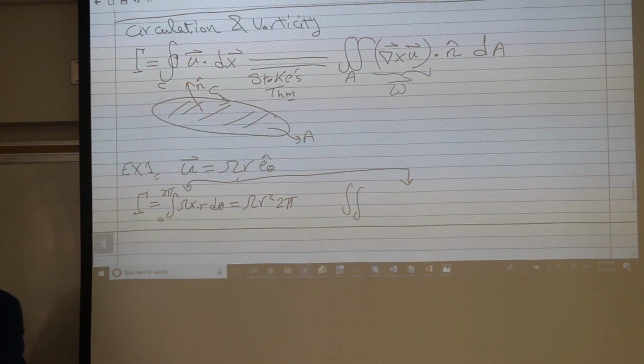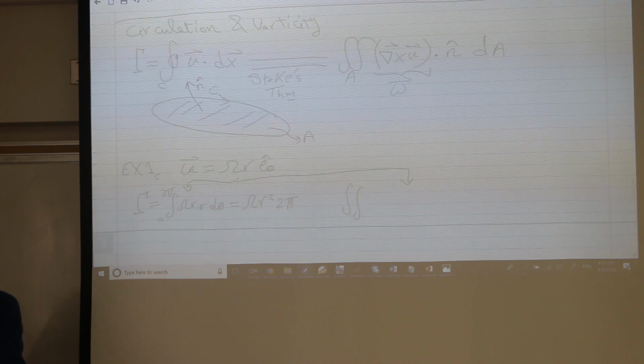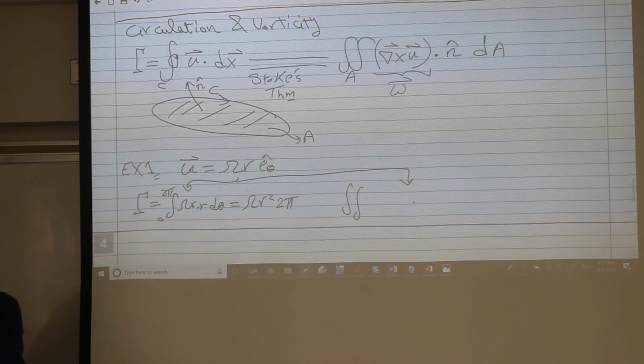Now we can do it the other way around. It's the integral over the area of the circle. What's the area element? dx dy if you are Cartesian; if you are cylindrical, it's r dr d theta, right? And we are integrating the vorticity. In this example, the rigid body with large omega, what's the vorticity?